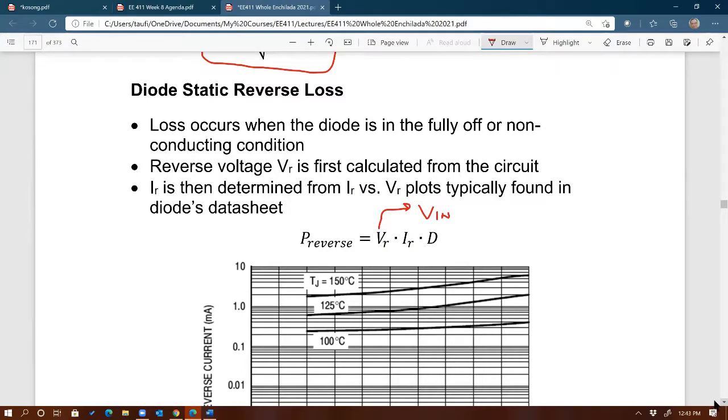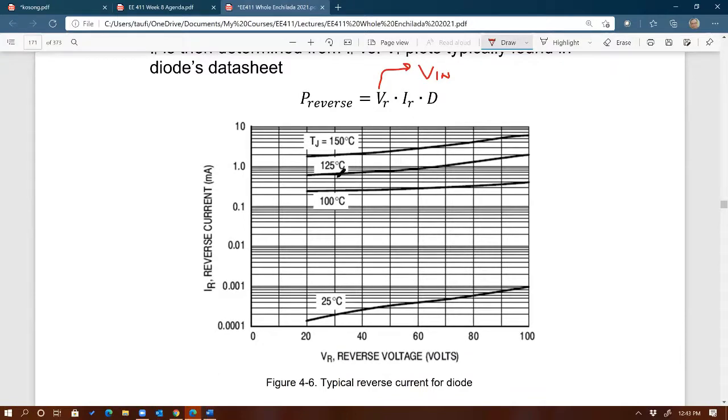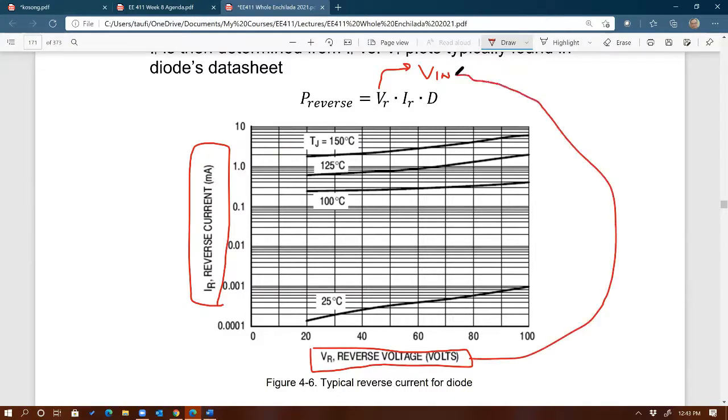So you have to estimate IR from the plot that is provided by the manufacturer's data sheet. There's a plot that gives you reverse current as a function of reverse voltage. So once you determine the reverse voltage, from let's say EE410, then you can measure or estimate IR from this curve right here.